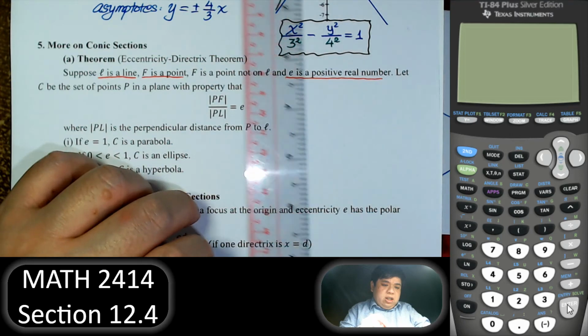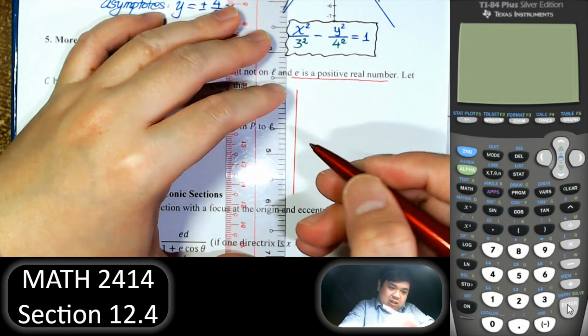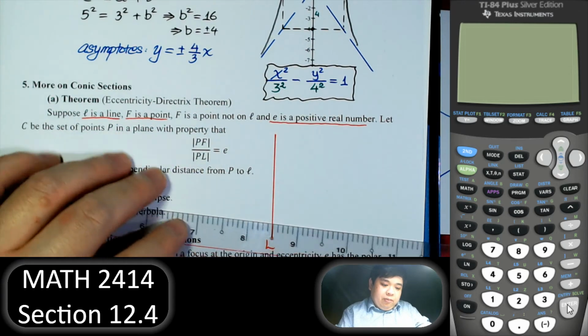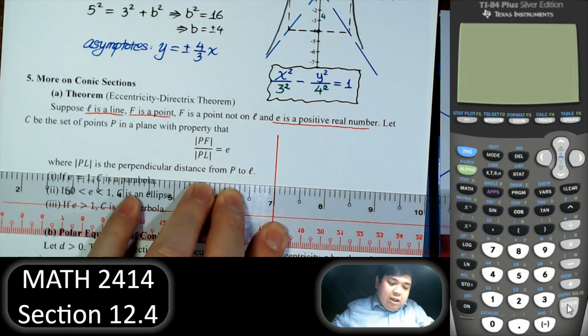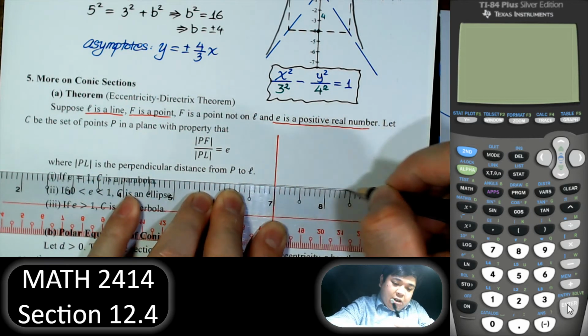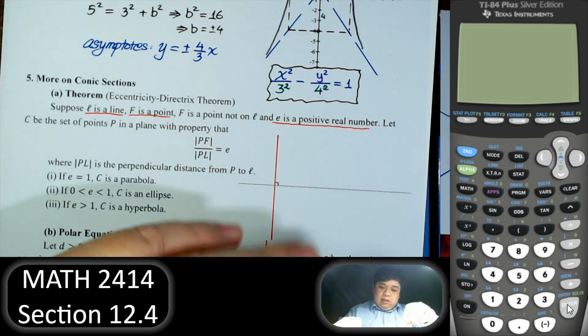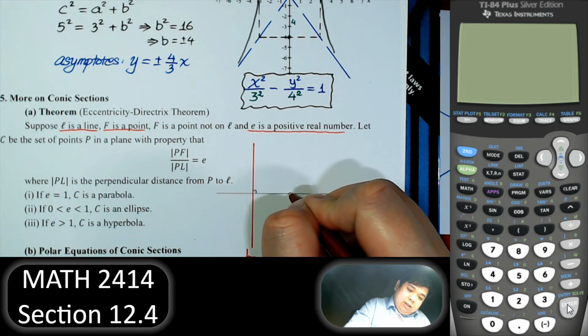So in general, we just have a line, the directrix, and then of course the axis is perpendicular to it, and we have on there a point F.